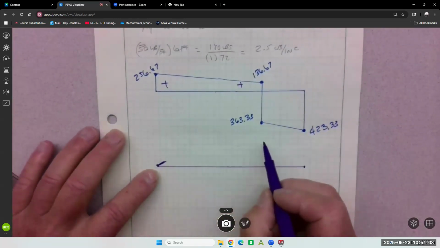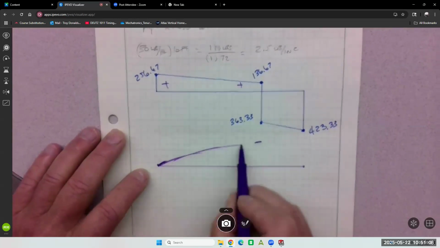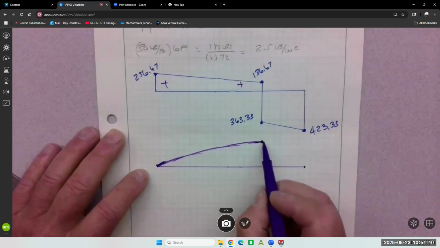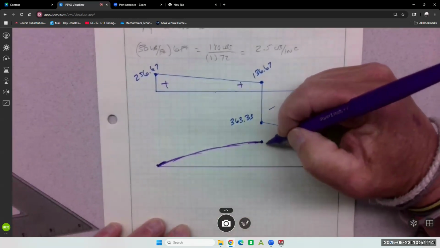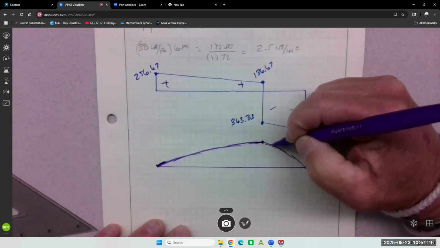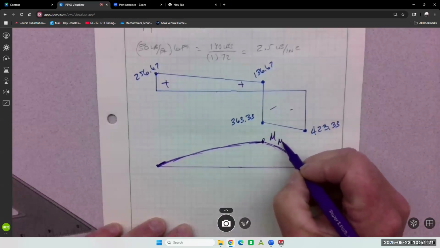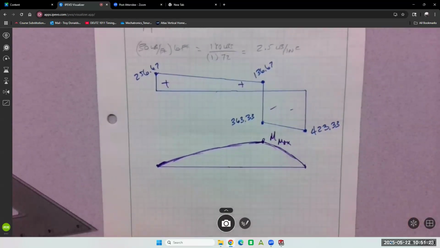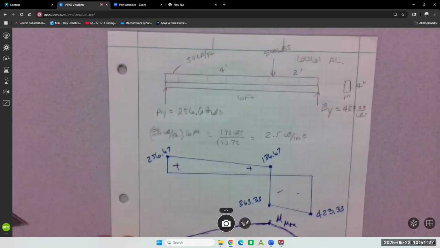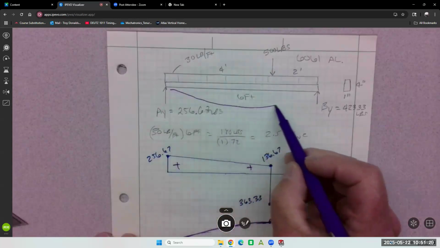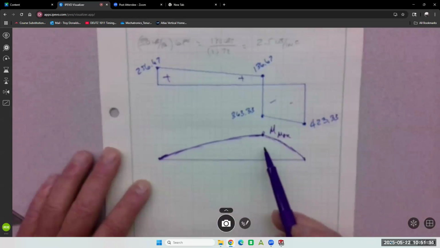And then it gets less positive to here, so it's even shallower. To there. And then it's pretty negative, like it's gonna drop right off. And we have 1 max, so that's nice. We could tell that from the deflection curve. All concave up is going to be all positive in the moment.